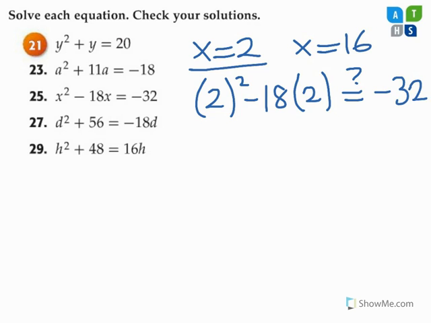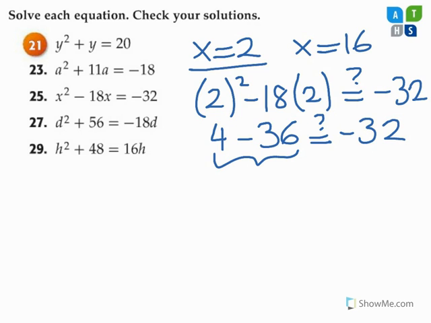Now let's check this out. 2 squared is 4, minus 18 times 2 is minus 36, and on the other side we have minus 32. So on the left hand side, 4 minus 36 is minus 32 equals minus 32, so we are done.